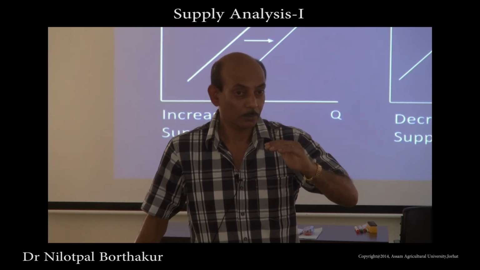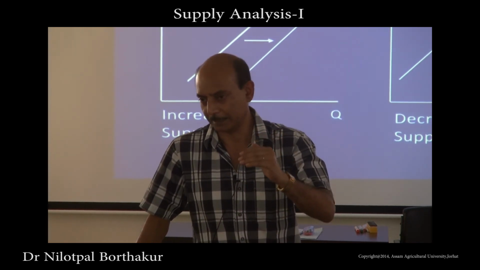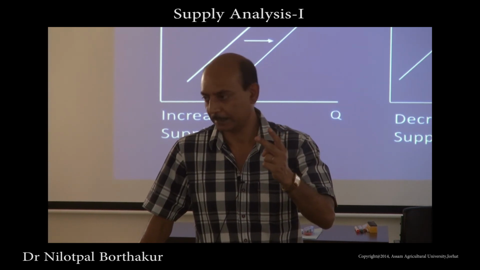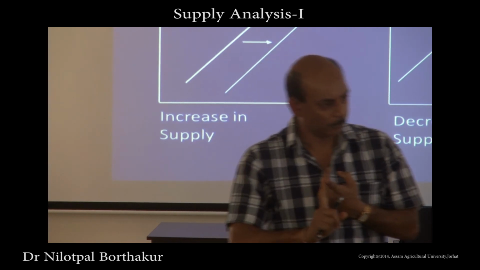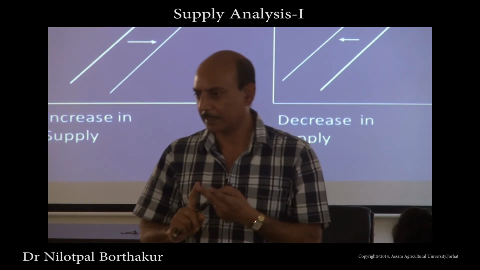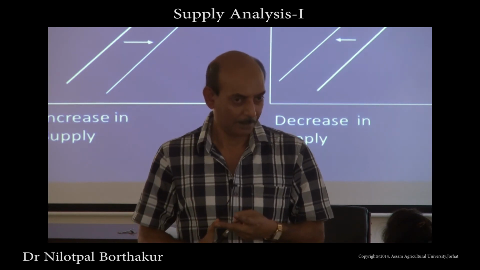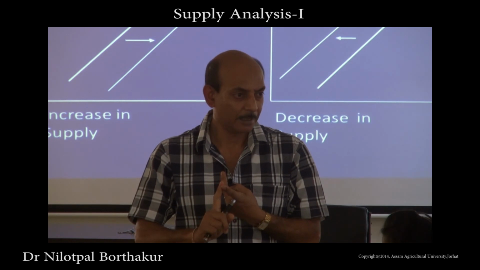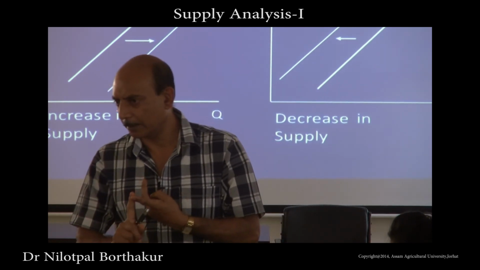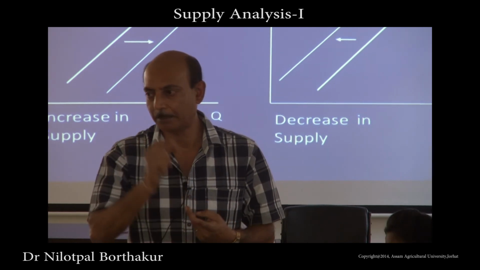And now, since supply changes as a result of change in the price, we find two types of changes. One is change in quantity supplied brought about by price alone, the other is change in supply brought about by factors other than the price. If in case of change in quantity supplied, price is only responsible, that can be explained on the basis of a single supply curve.